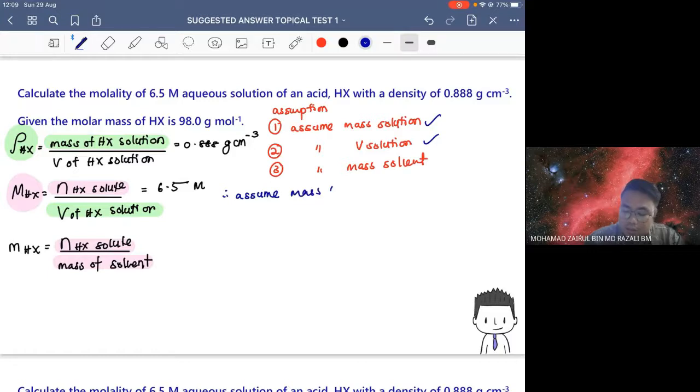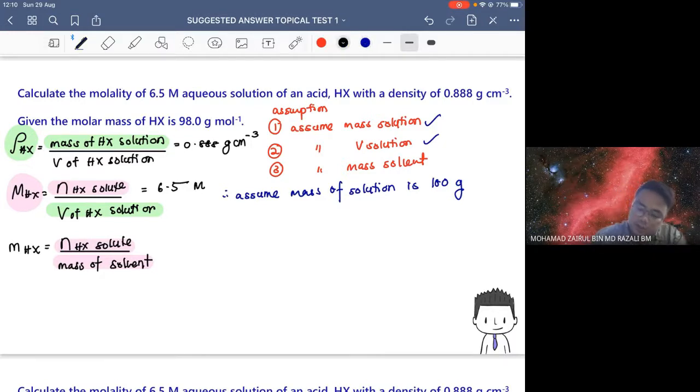Assume mass of solution is 100 gram. Okay, so contohnya saya nak assume mass solution itu adalah 100 gram. So, saya dah assume mass solution, so saya boleh cari volume of solution dengan menggunakan formula density.